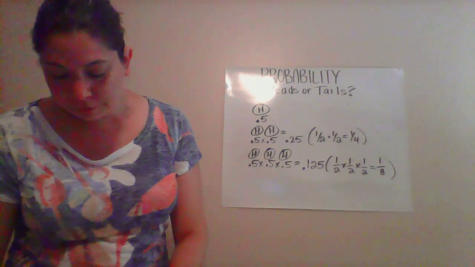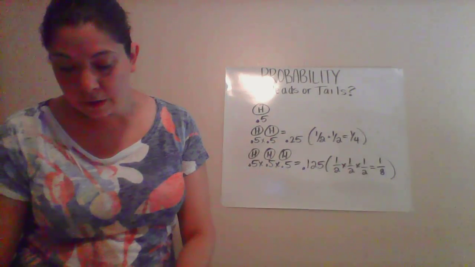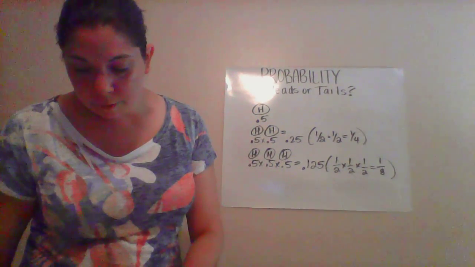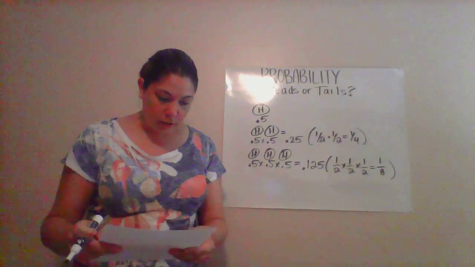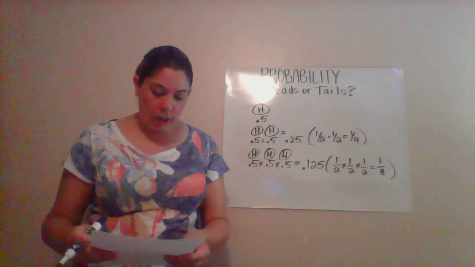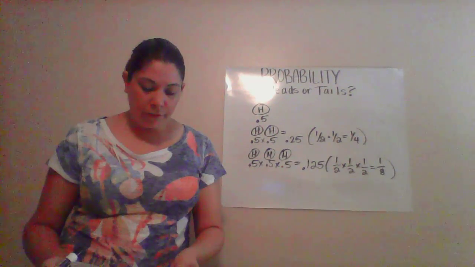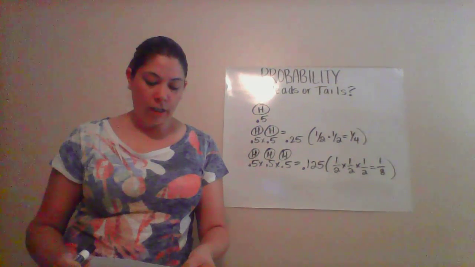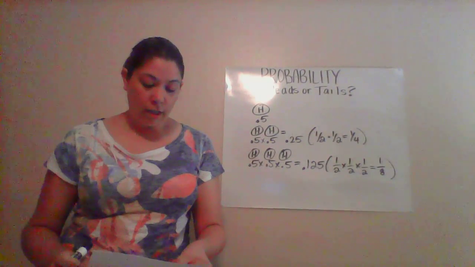If we have heads and tails, and we want to do a combination with heads and tails, what are the possible outcomes if the coin is flipped 2 times to get heads and tails combinations?